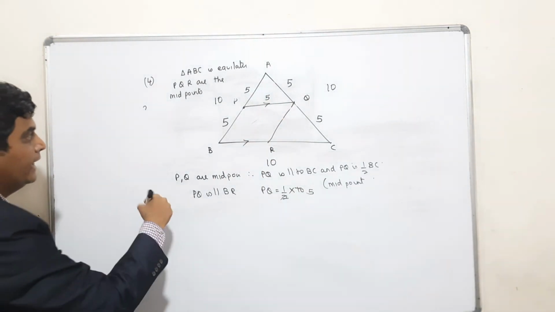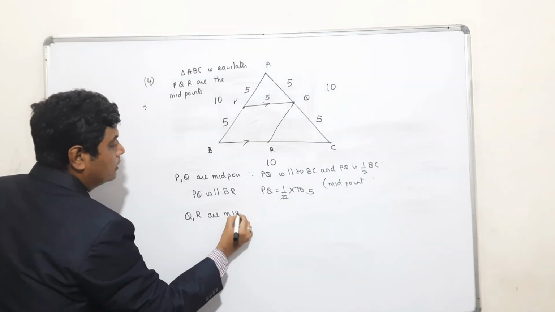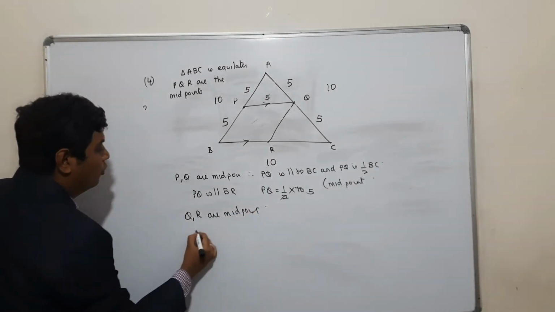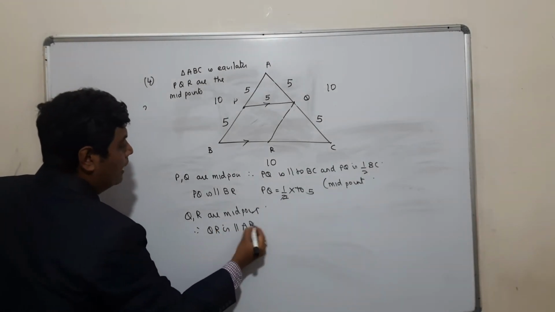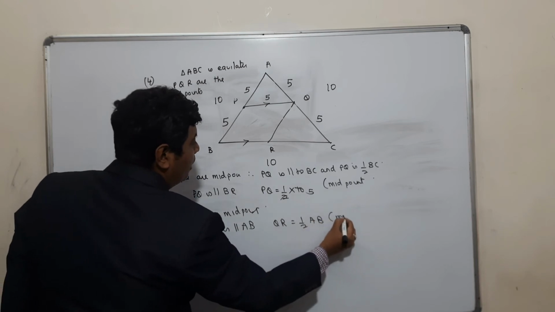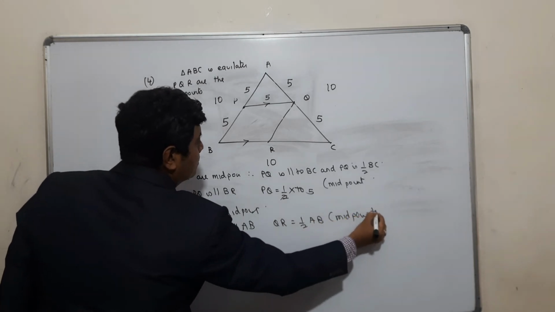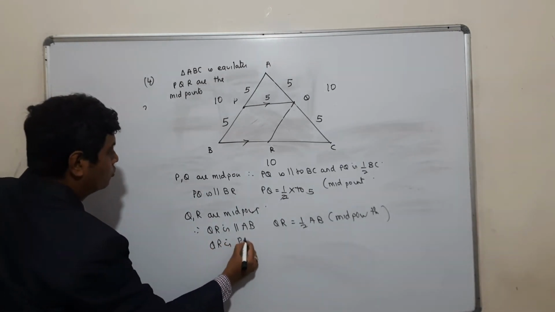Correct? Now again, can I say Q and R are midpoints? Therefore QR is parallel to AB and QR is half of AB. Midpoint formula, midpoint theorem. So you have QR is parallel to PB also.